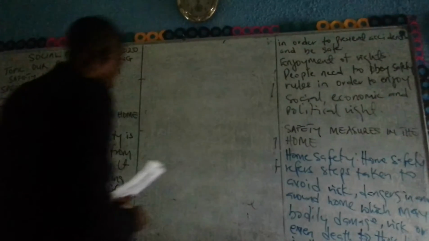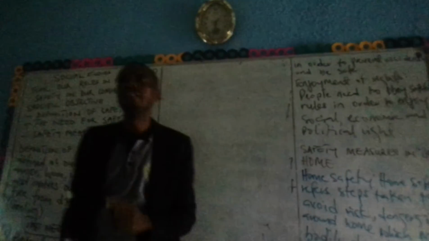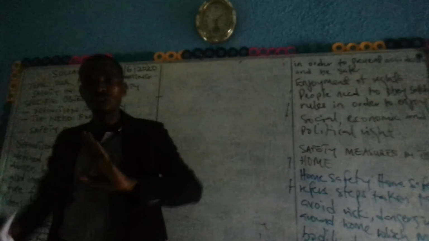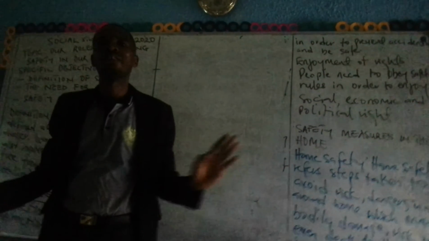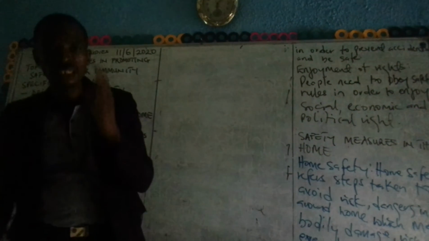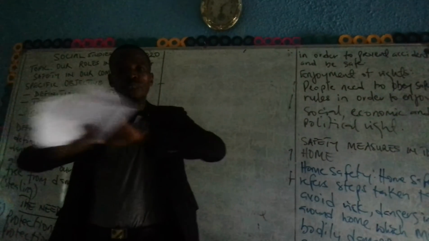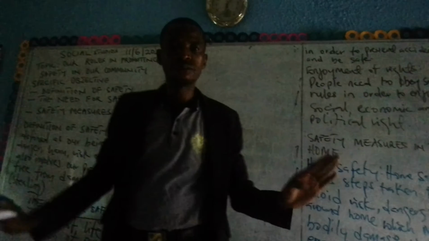Okay, let me just write them. These are the things concerning the safety measures. Number 1 is that the floors must be well cleaned and dried. Then the second one is that all the sharp objects must be kept away from the children.